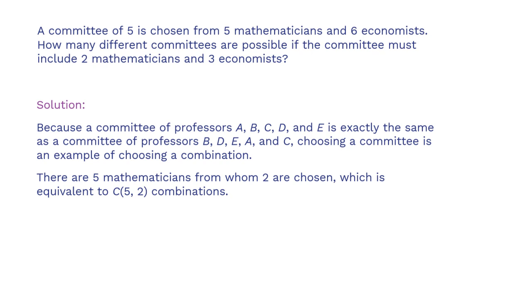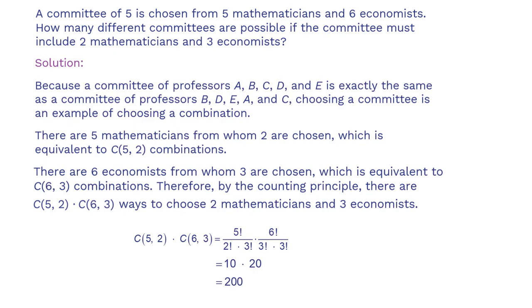Okay, so since we don't care if A is next to B or B is next to D, the order is not important. For the mathematicians, we have 5 of them, and we need to select 2. Now for the economists, we have 6 of them, and we need 3. So that combination would be 6, 3.